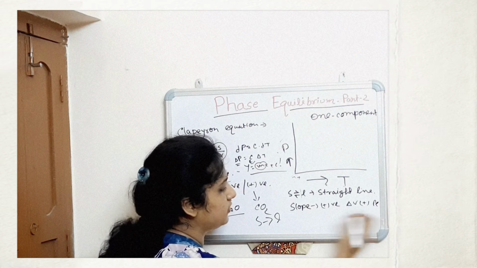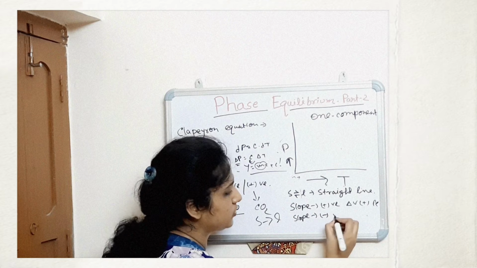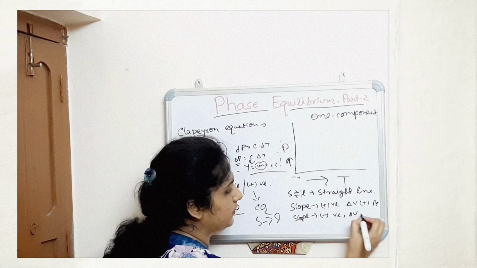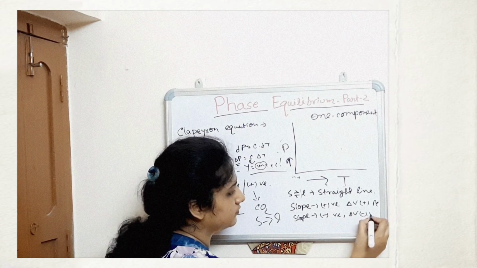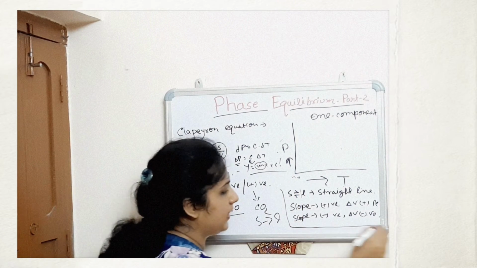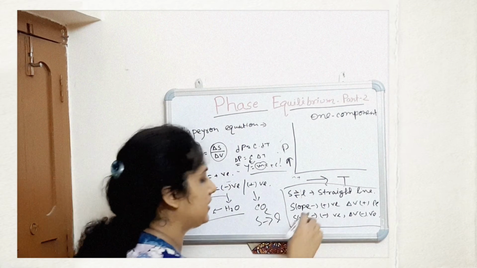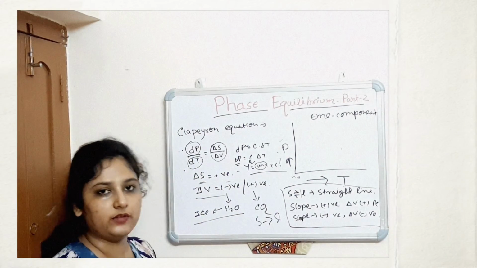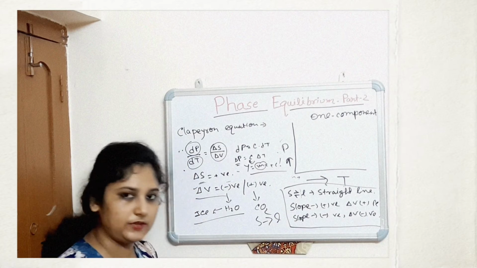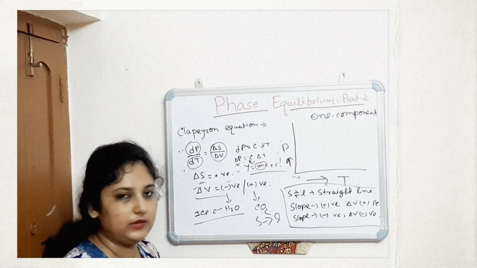And when del V is negative, the slope is negative. The curve is a straight line curve, and the slope is dependent on the sign of del V: positive when del V is positive, and negative when del V is negative.